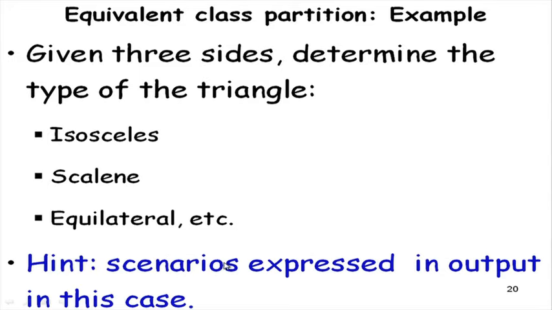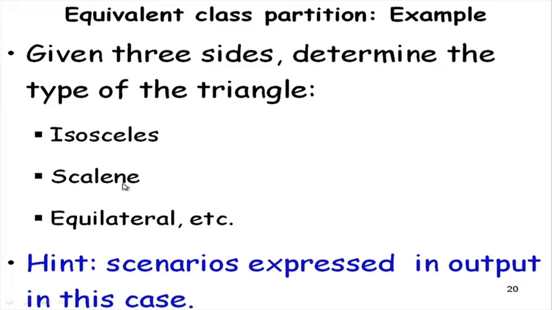We do scenario coverage, that is the first thing. These are the different scenarios of operation. In one scenario it writes down isosceles, in another scalene, in a third equilateral, in a fourth not a triangle, and so on.